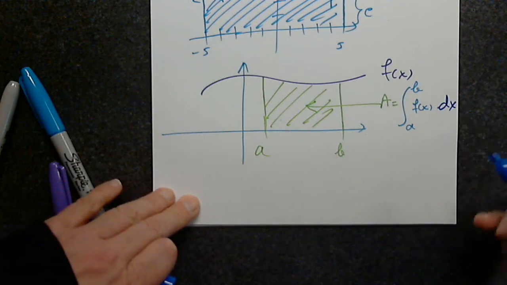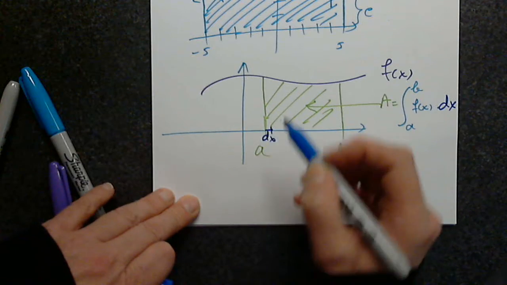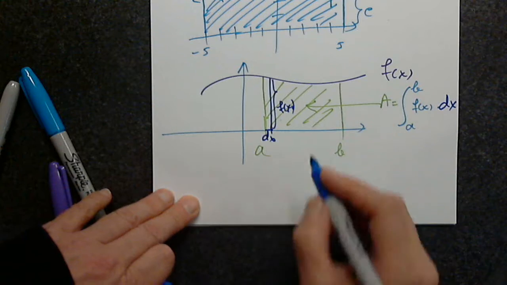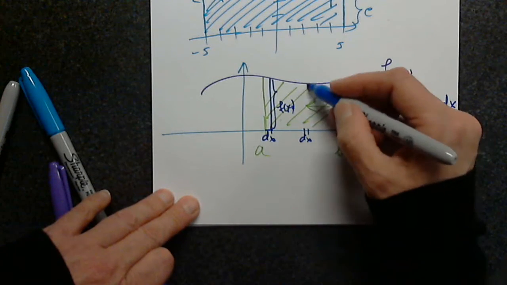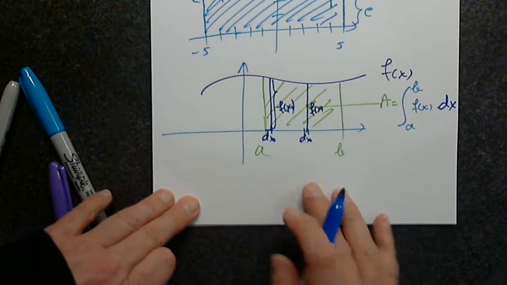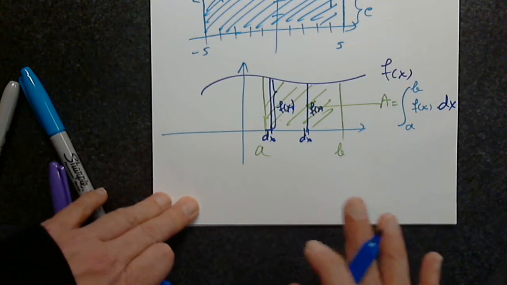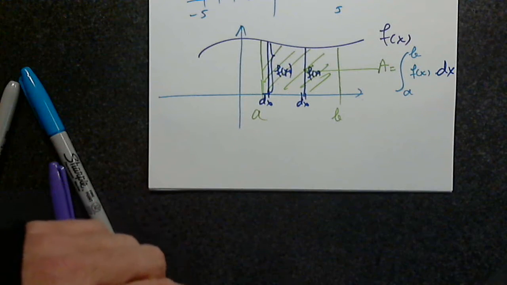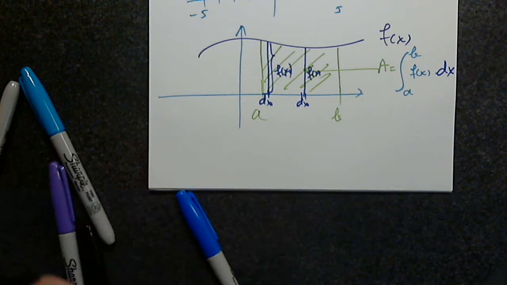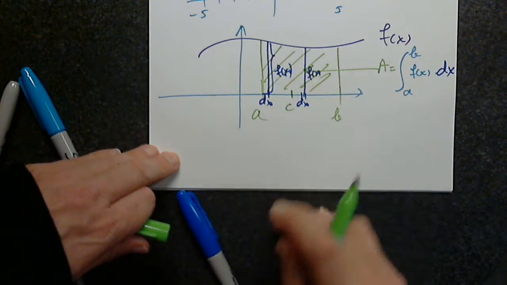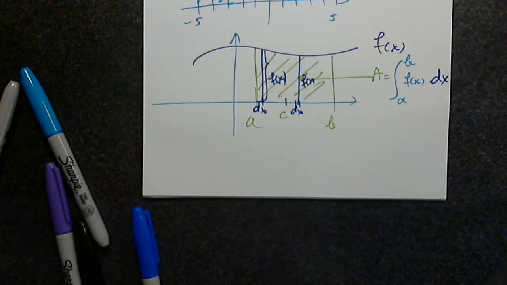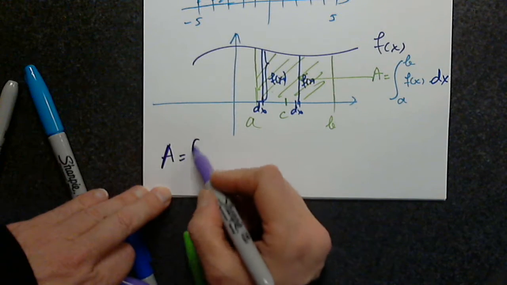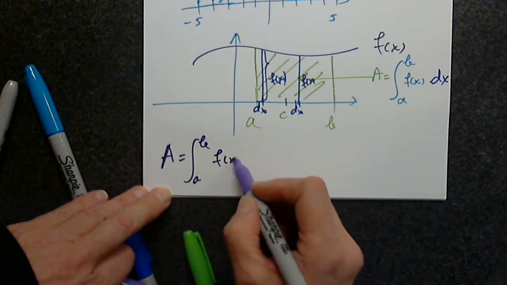This is crucial because this is the dx and this height is f of x, anywhere you want. Is this clear? Okay. So now here's my question. I have a number here somewhere, c.